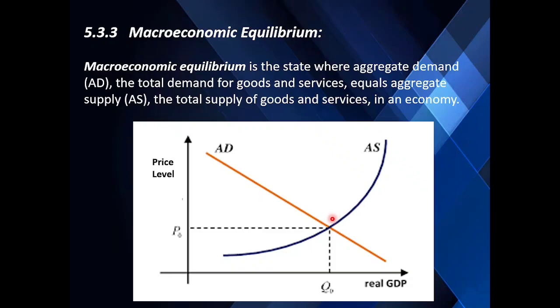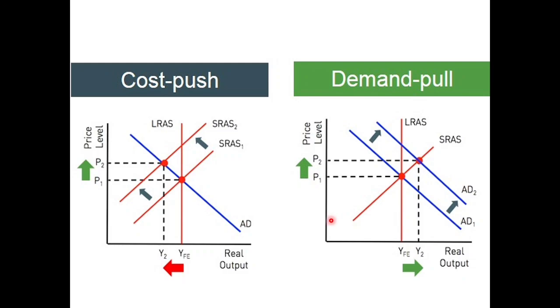If aggregate demand increases, the aggregate demand curve shifts to the right, leading to higher output and higher prices. This is often linked with inflationary pressure.